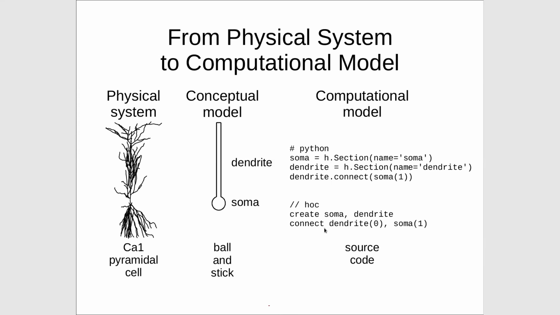The equivalent Hoc code is down here, and I include the Hoc code for reference for those people who may be going to labs where there is legacy code in Hoc, and they have to be able at least to read it, okay? But you can see from either of these little blocks of code, this is very compact, very human readable. You know immediately you get some inkling about what's going on by executing these statements, okay?